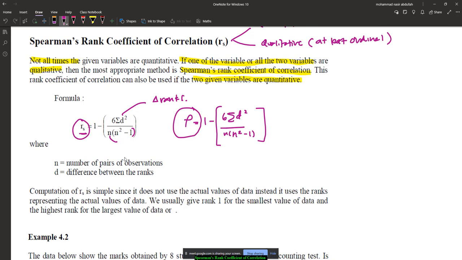The computation of RS is simple since it does not use the actual values of the data. Instead, it uses the rank of the data.